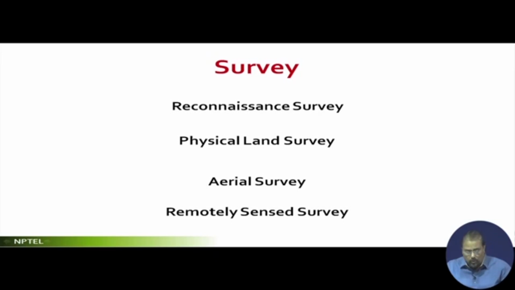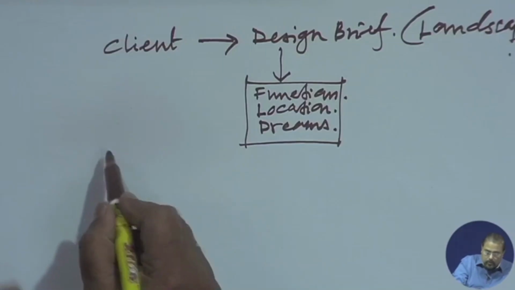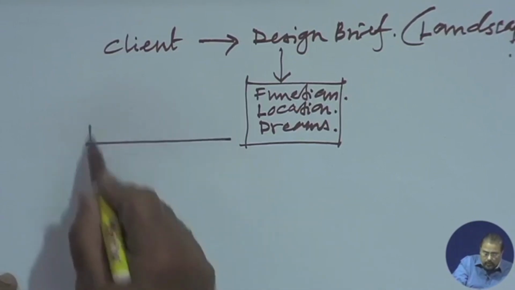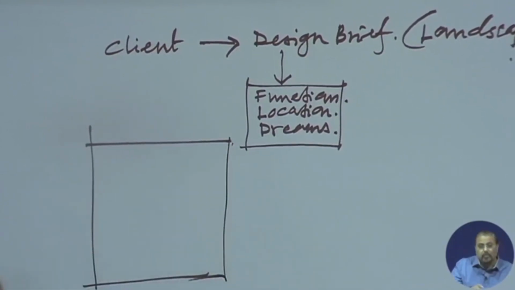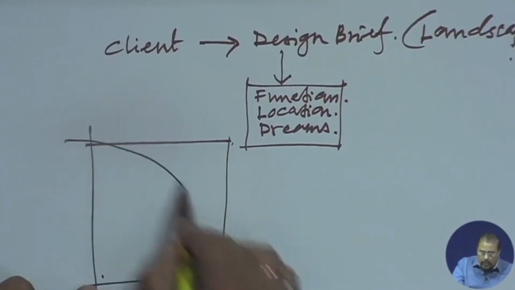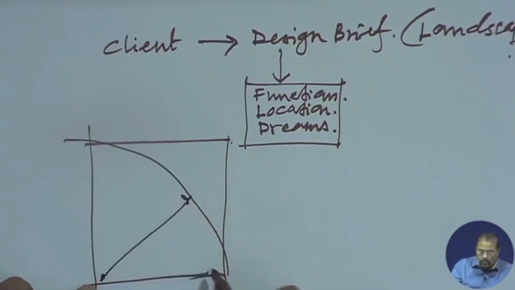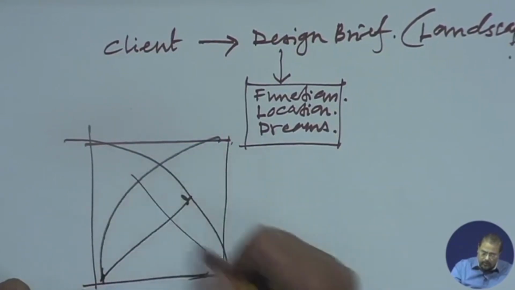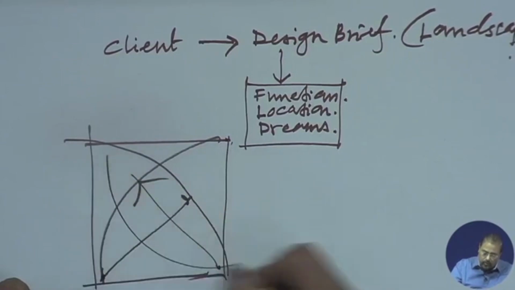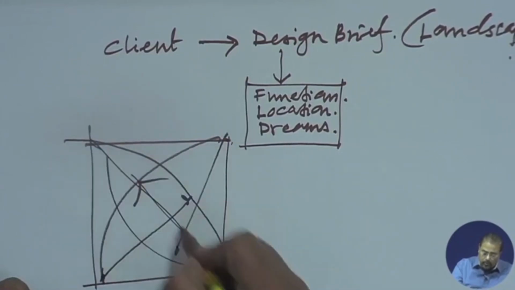In the reconnaissance survey, what you do is, say this is a site. You try to view the entire site from this particular viewpoint once, look towards this. From here, try to see this part. From here, try to see this part. From here, you try to see this part.